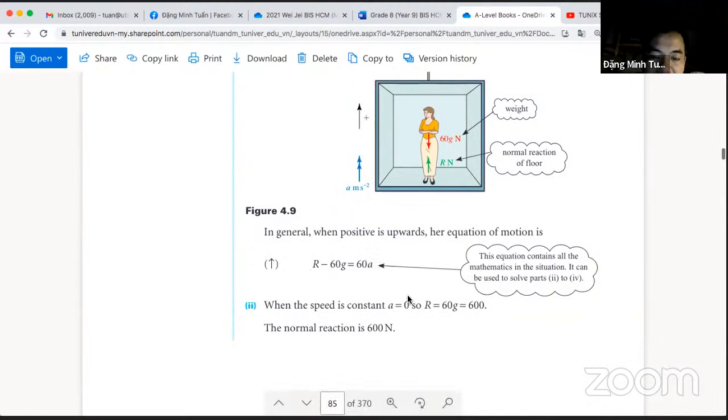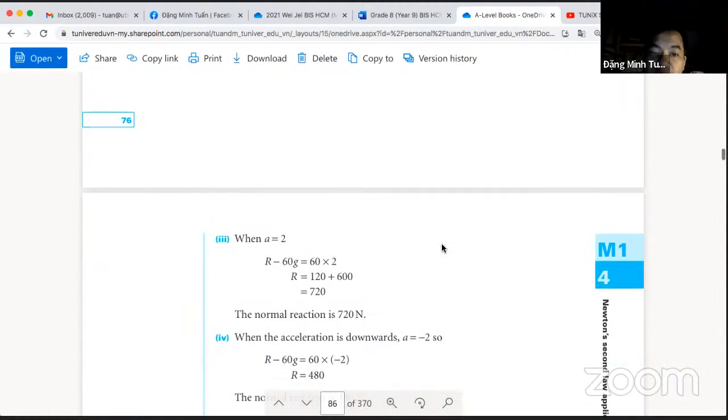When the acceleration is zero, the reaction force equals the weight, right? Normal reaction force here. If the acceleration is 2, that means going up, increasing velocity.